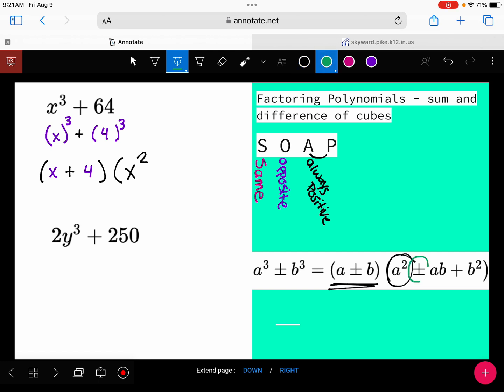And this next sign is the opposite of what was in our expression. So instead of a plus, we're going to use a minus. Then I take my A times my B, so we're going to have x times 4, also known as 4x. And our last sign is always positive, and it's going to be B squared. So my 4 squared, that's our 16.